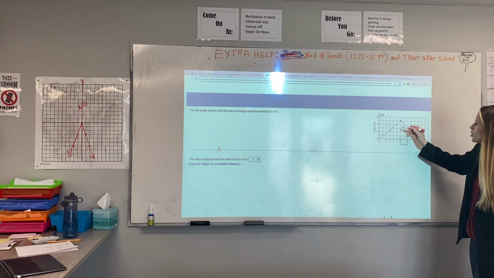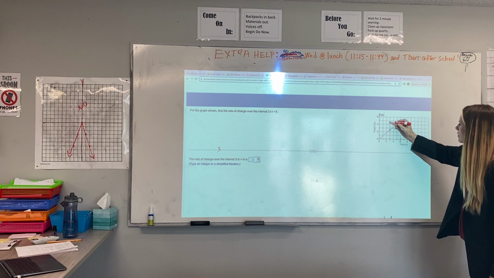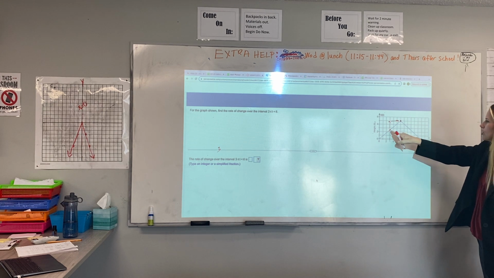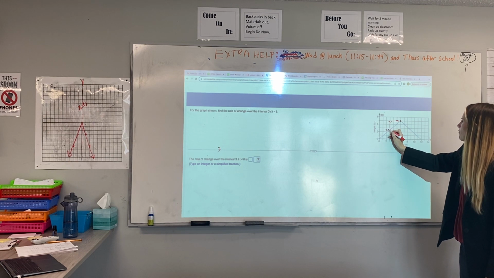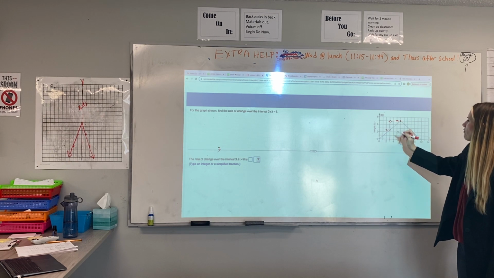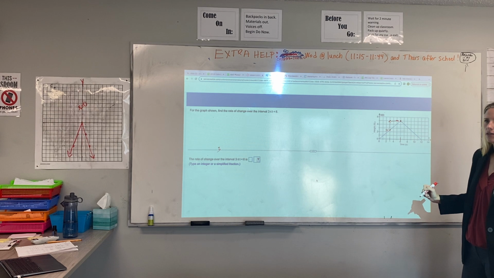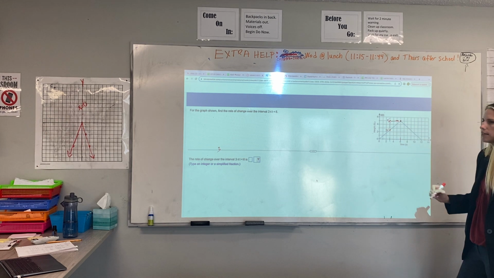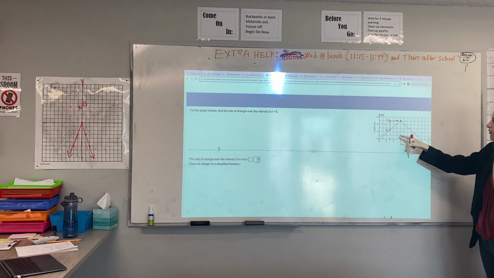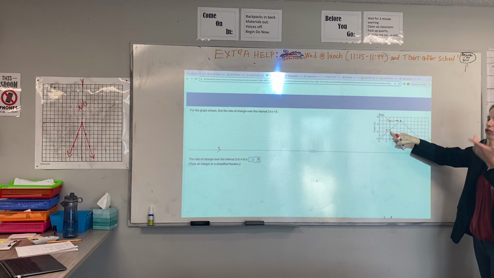The slope. So we're looking for the rise over the run. Now, this is 2.5, right? It's halfway between 2 and 3. 2.5 to 5 would be what rise? From 2.5 to 5, what would be the rise? 2.5, very good.